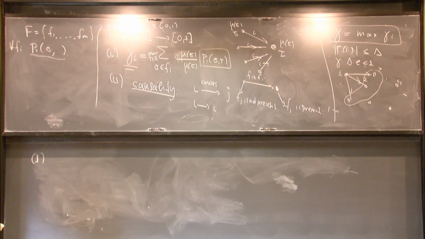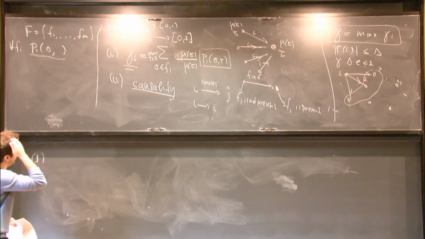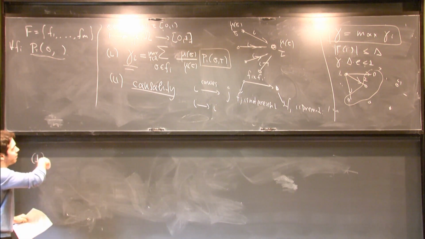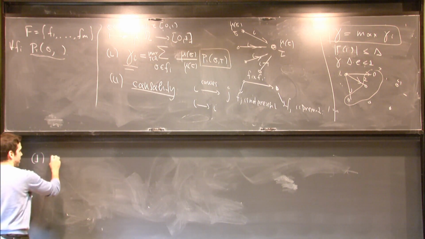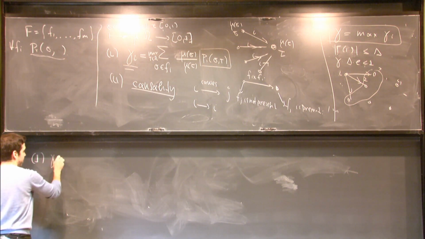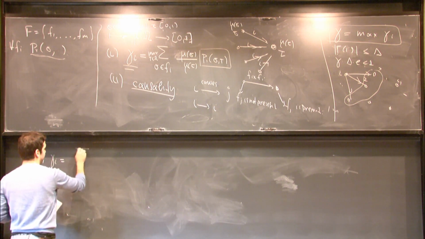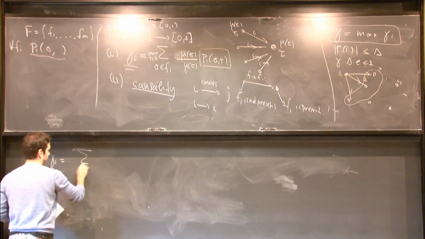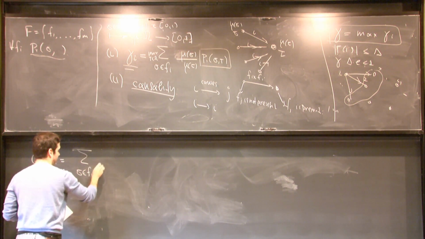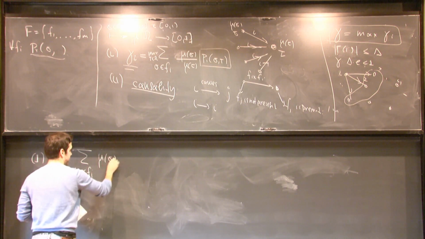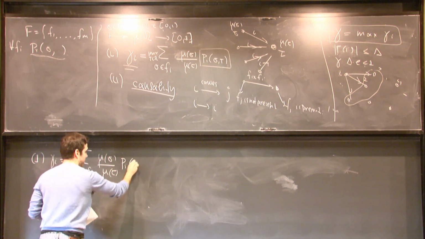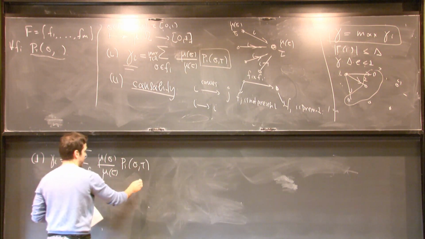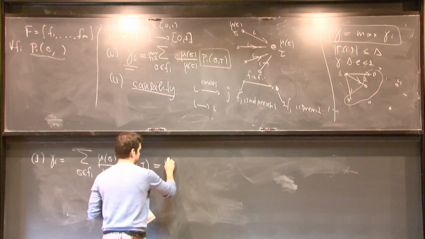Okay? And it was kind of the way we were thinking about it in the original proofs. Okay? So what is gamma of I? So here's a way to write it down.